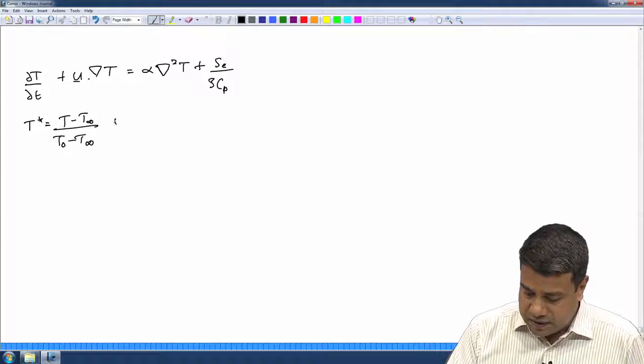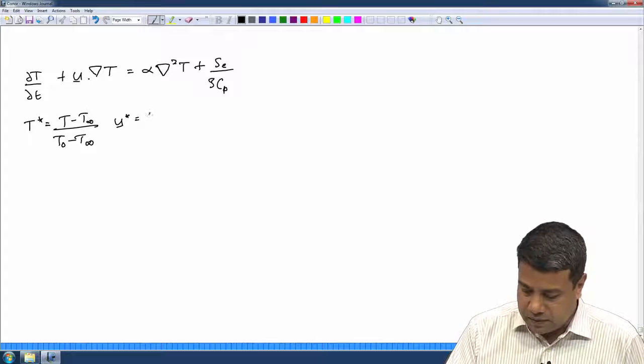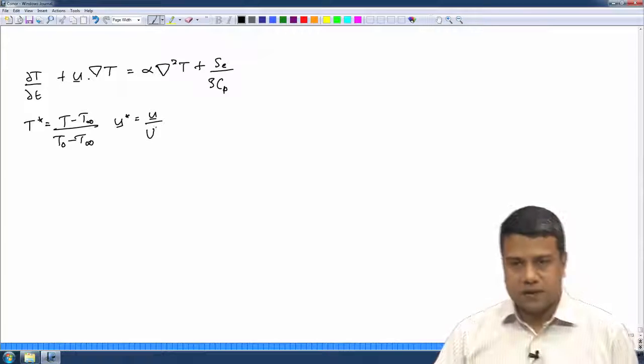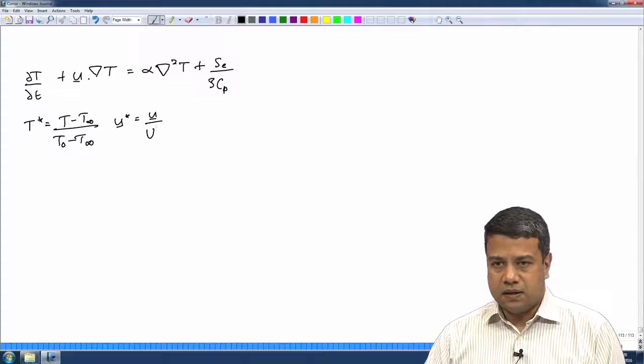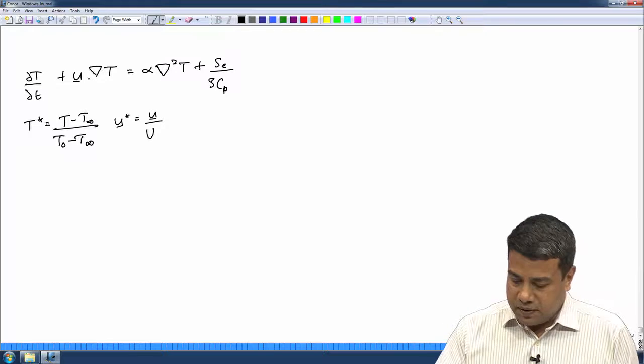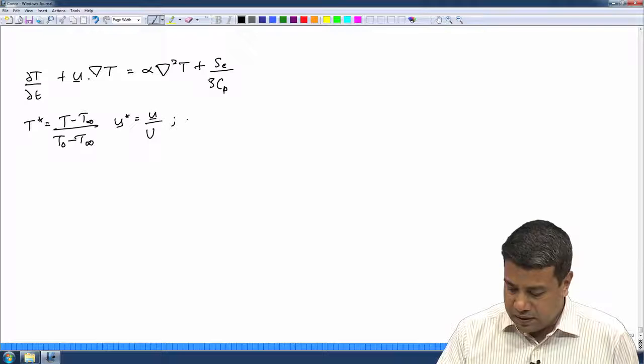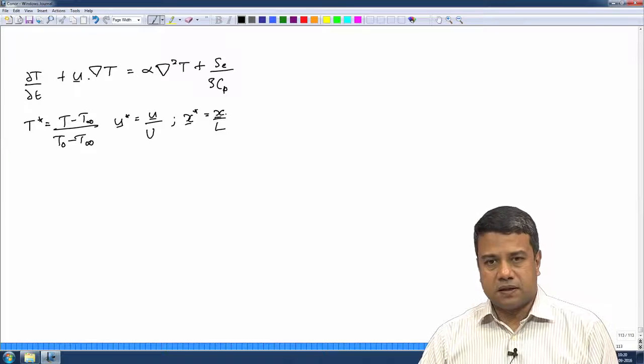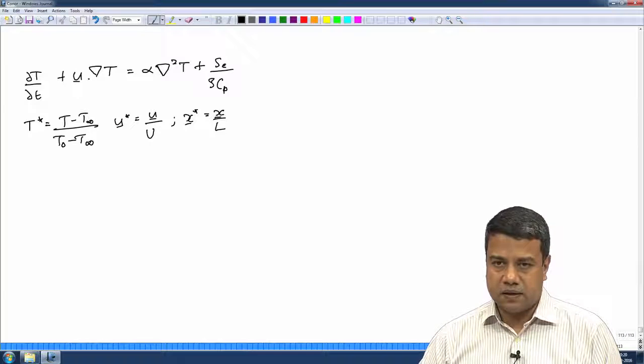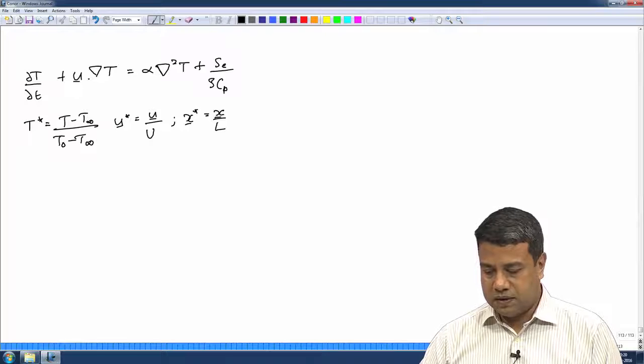And we had scaled the velocity, u star is equal to u divided by the characteristic velocity, the average velocity in a pipe or the free stream velocity for the flow around a particle. And we had also scaled the length by a characteristic length, the pipe diameter, the particle diameter and so on.